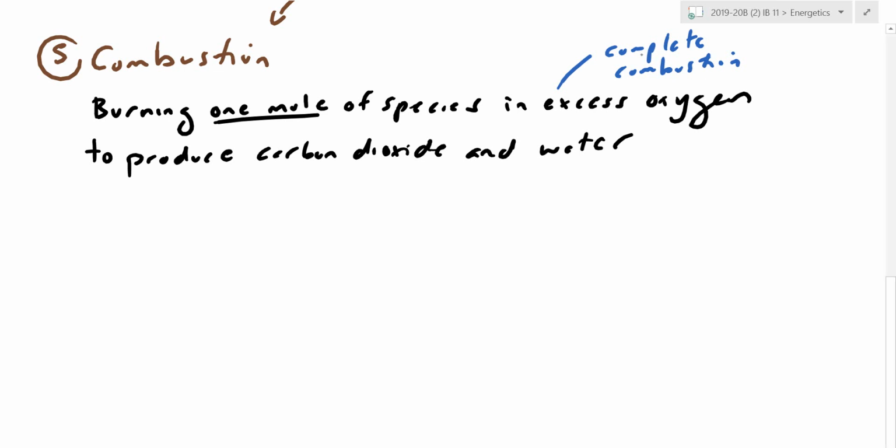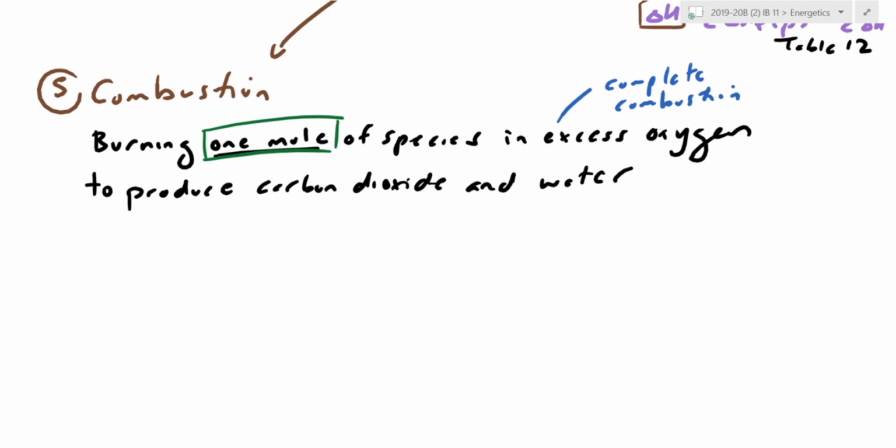So pretty much very similar to what we did. We do guarantee complete combustion, but probably the new bit here is we're only going to be balancing it with 1 mole so that I can scale it up later on. Just while I'm at it, if we weren't complete combustion, if say we were partial combustion instead, if there wasn't enough oxygen, if the fire was just starting to get started, instead of getting the full CO2, the fully oxidized form of carbon, you tend to produce C and CO. Carbon looks like dark soot that comes off the flame, so it gives rise to a very dirty flame.